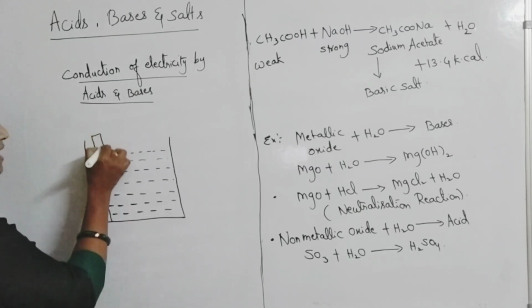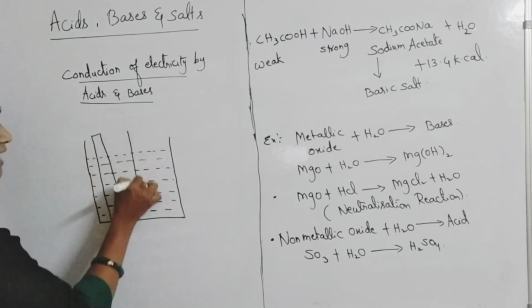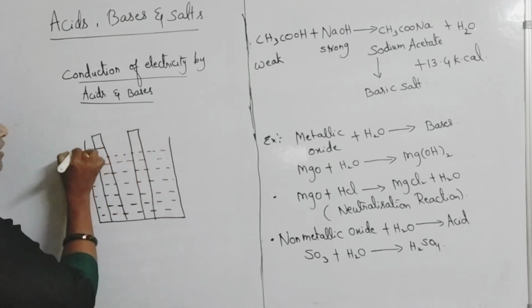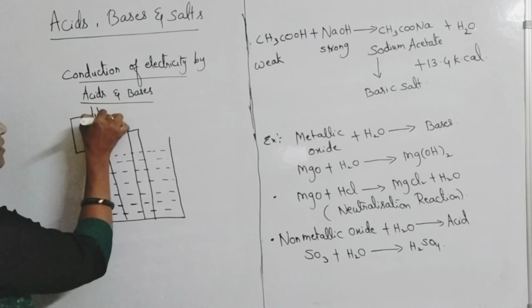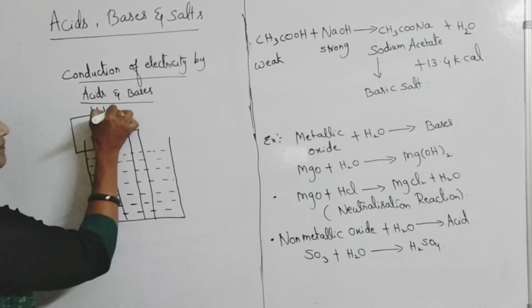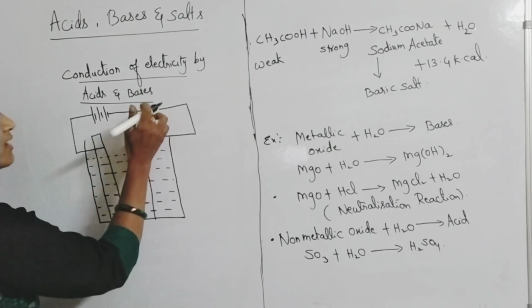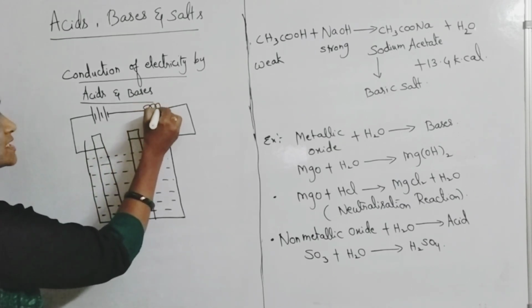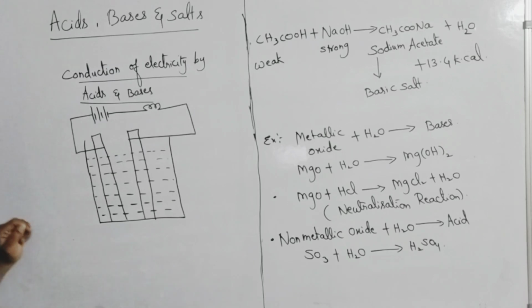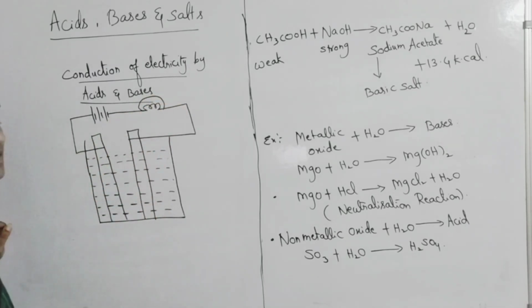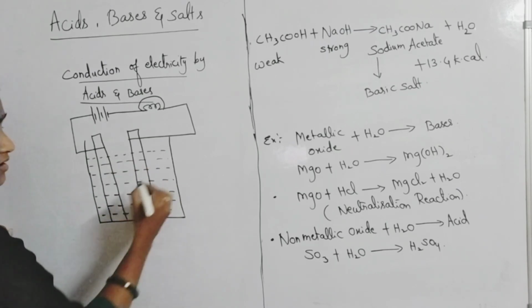When you perform the electrolysis process, you will take two metal plates, one cathode and another anode, which are connected to the terminals of a battery. Here you will also connect one bulb, so that you can identify whether the substance taken inside the beaker acts as an electrolyte or not.